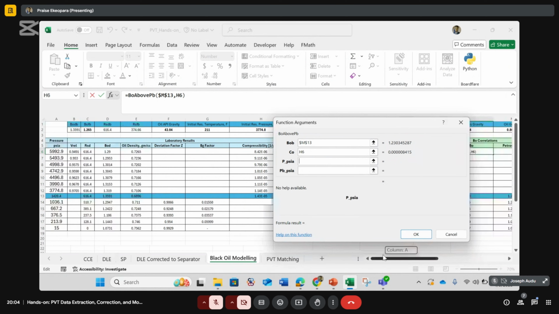Just shift this to us. Okay. It's not the reservoir pressure. It's going to be this pressure. So let me just try it. Then our saturation pressure is the one I'm going to lock up.